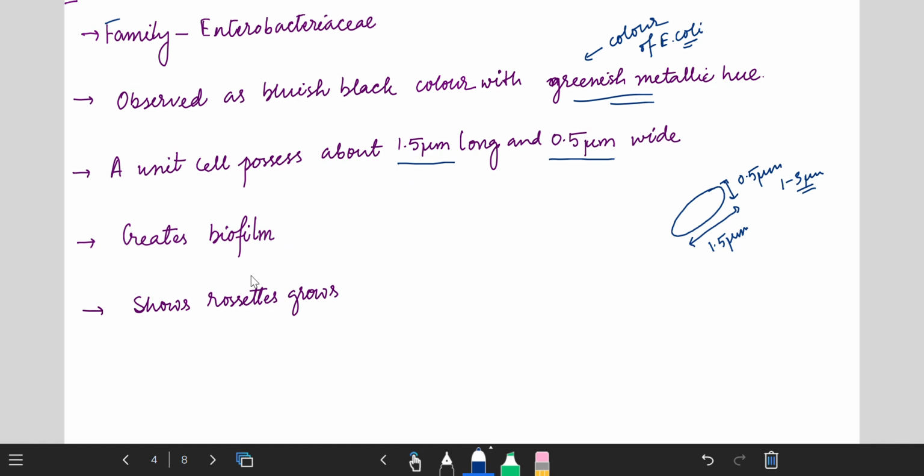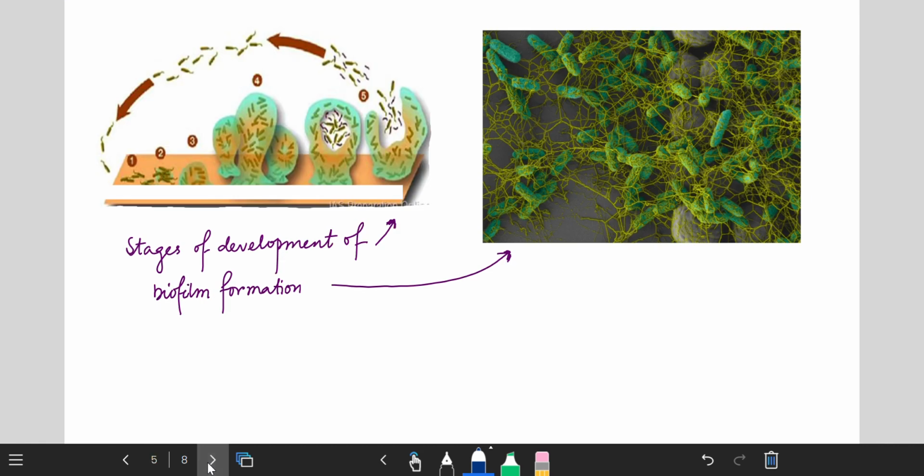It creates biofilms. What is biofilm? We will understand later. It shows rosette-like growth. Okay. So these are the stages of development of biofilm formation. You can see here. What is biofilm? Biofilm actually consists of a bacterial colony embedded in a matrix of extracellular polymeric substance or EPS, which protects the microbes from adverse environmental conditions and results in infection.